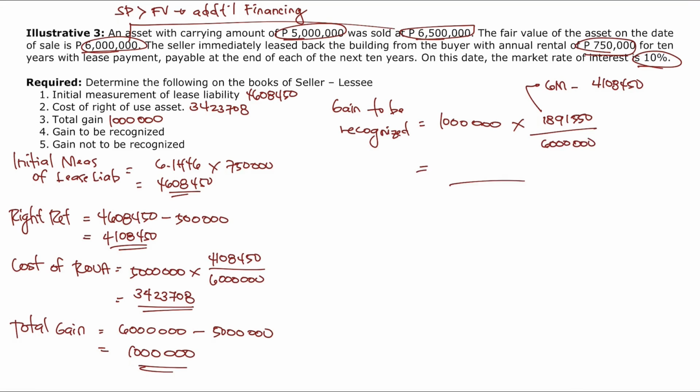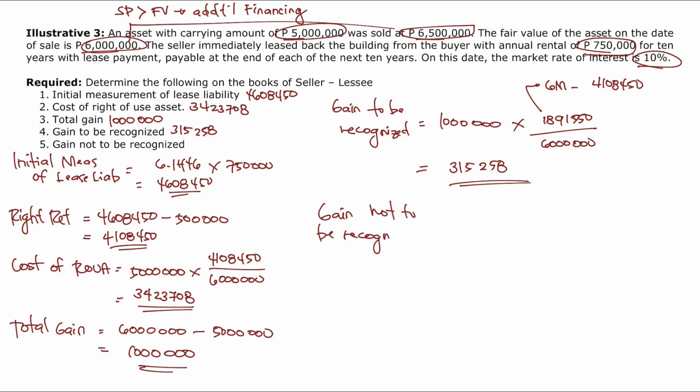So, magkano yung ating gain to be recognized? 1 million times 1,891,550, or this is equal to 315,258. So, requirement number 4, 315,258 will be our final answer. Then last but not the least is gain not to be recognized.